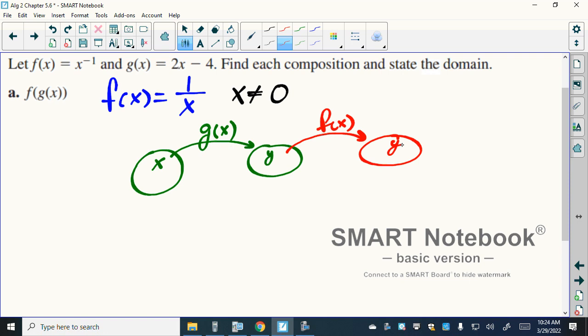Because f of x is treating this as its domain. Yes? Now we just said x cannot be 0 for f of x, yes? But our starting point for the domain is here, yes?